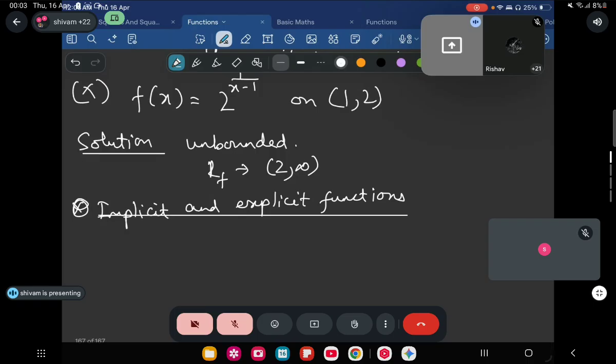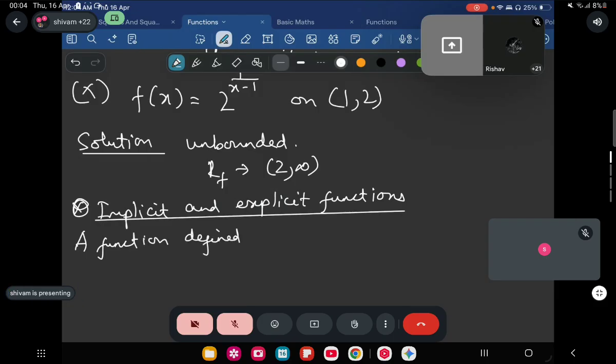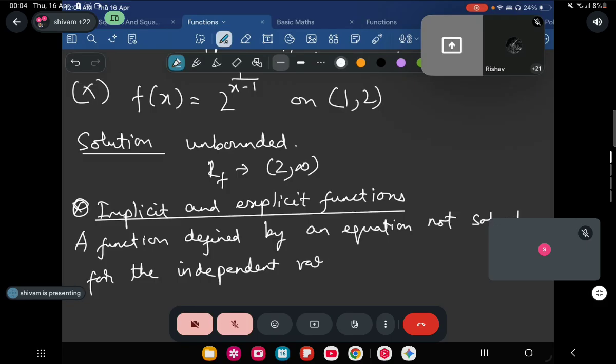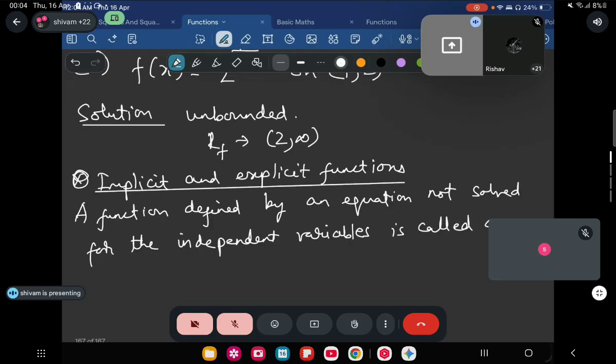A function defined by an equation not solved for the independent variables is called an implicit function.